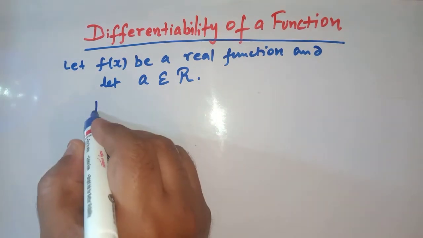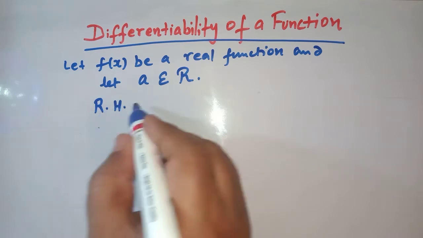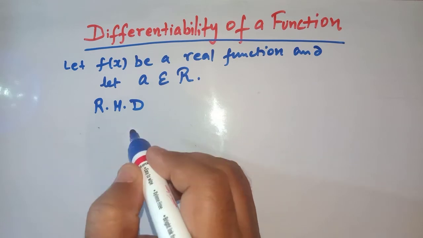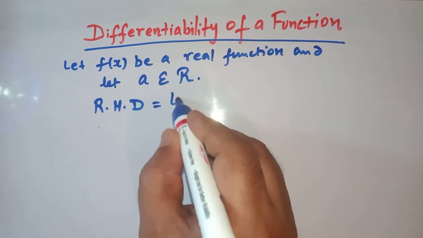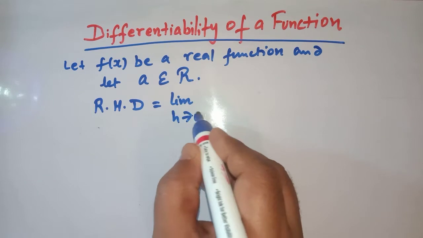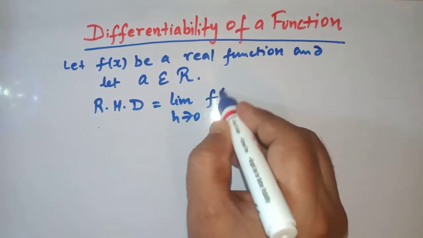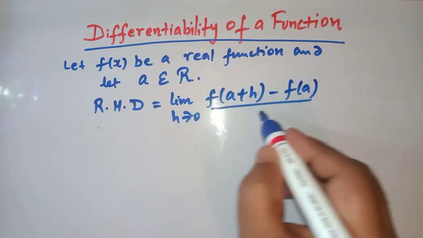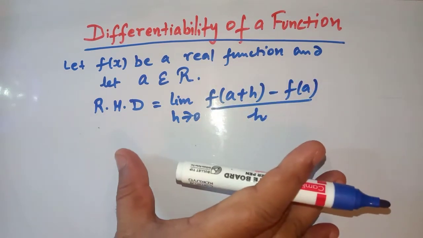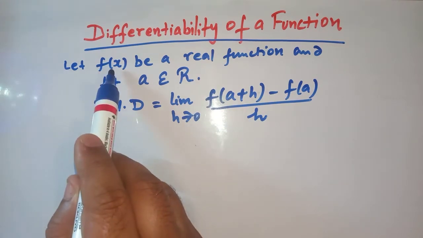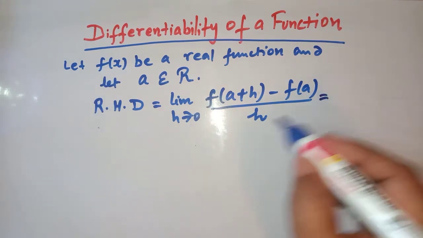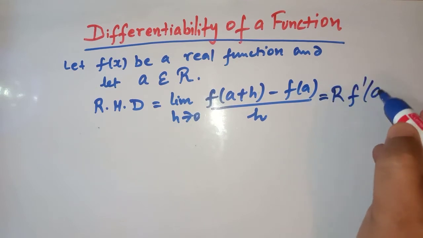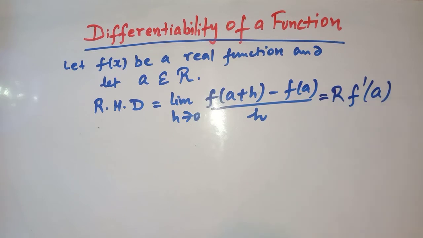So the right hand derivative, for which we'll use the notation RHD, is limit h tends to 0 of f(a plus h) minus f(a) over h. This is the right hand derivative of this function f(x), which is denoted by R f'(a) or f prime of a.